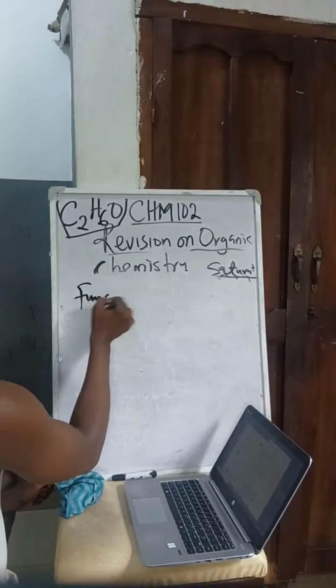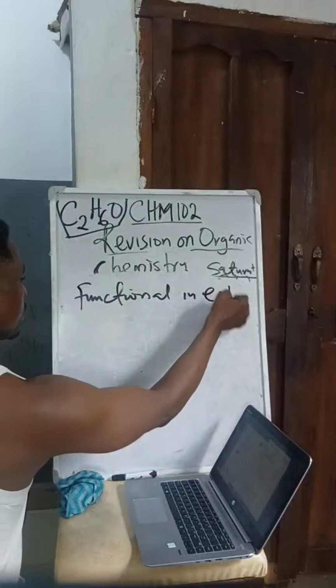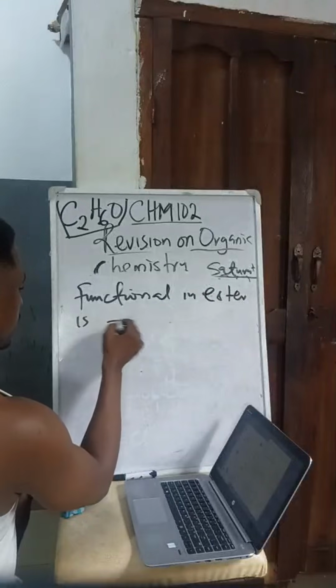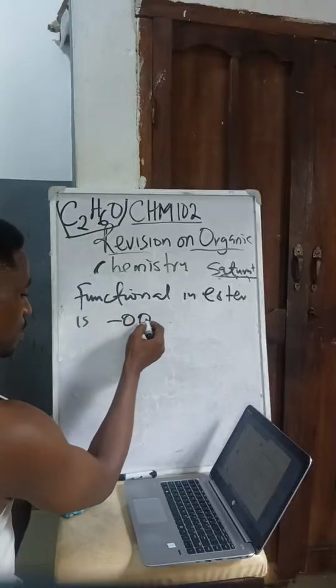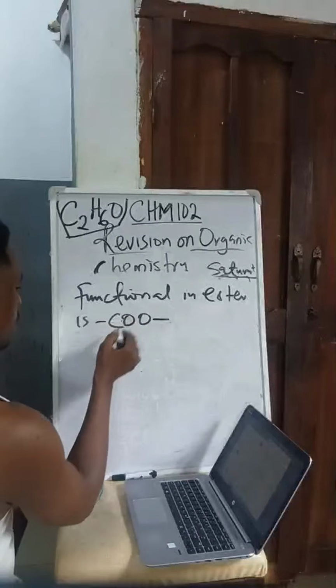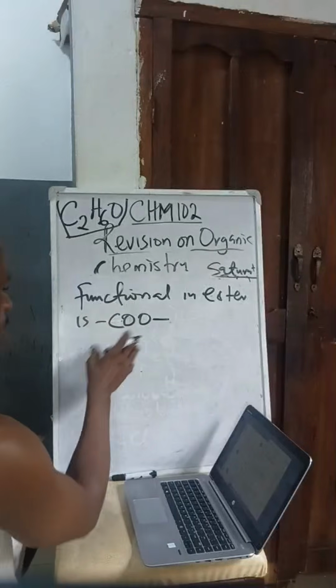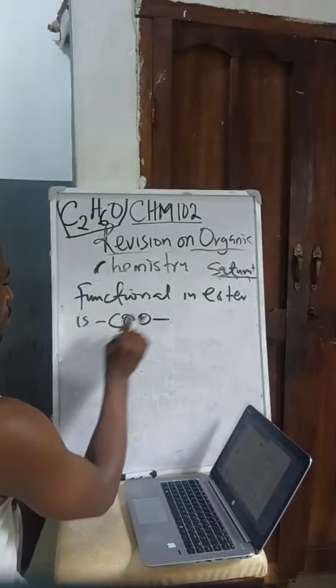So the functional group in ester, see it here, is COO. Do you get it now? So this is the functional group in ester, COO.